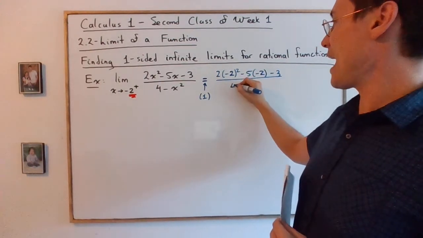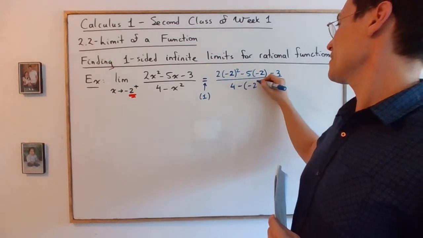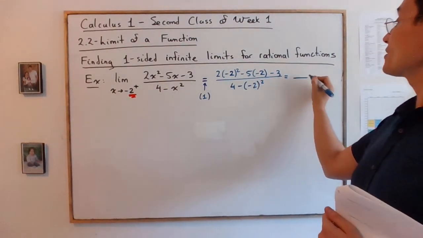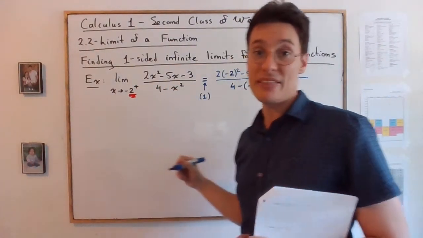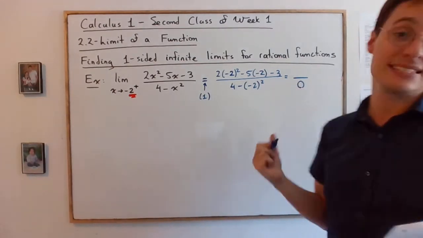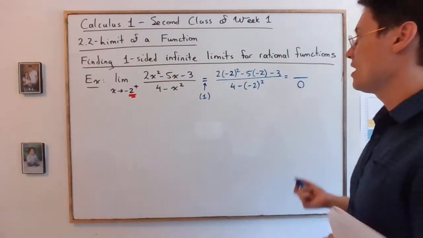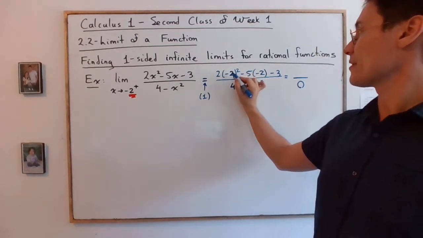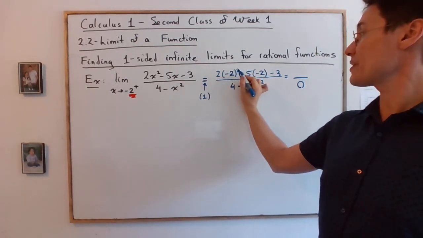okay? And here we have 4 minus -2 squared, and we calculate everything. So the reason why I told you to replace the -3 by a -2 is to get a limit for which the denominator is 0. Okay? And then let's look at the top. We have here -2 squared is 4.